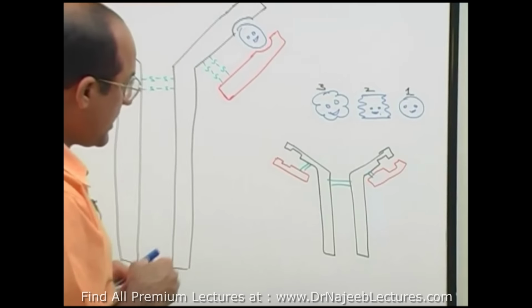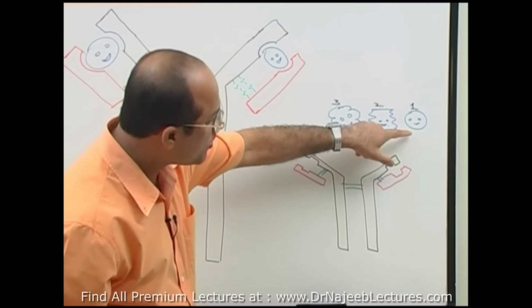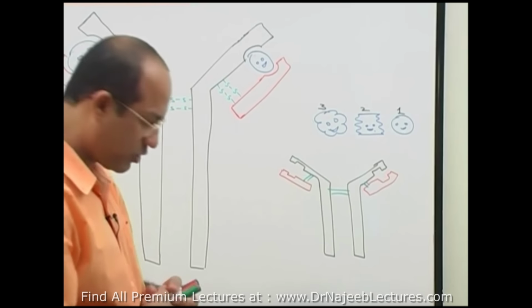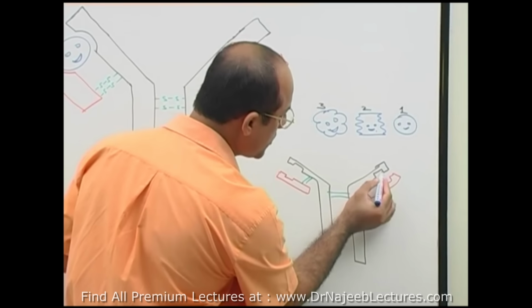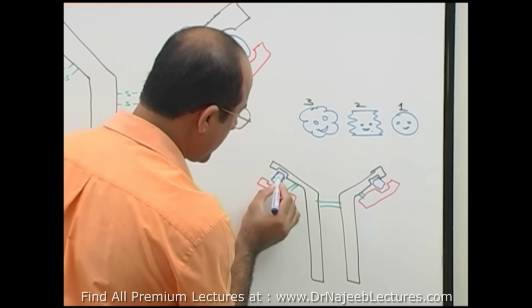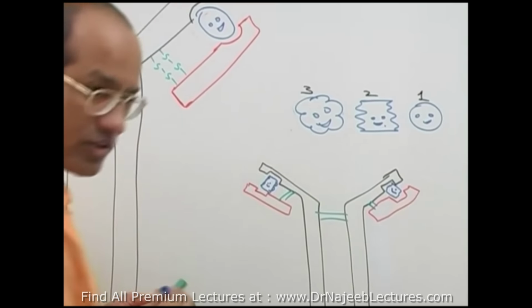Now, do you think antigen number 1 can bind here? No, it is designed for antigen number 2. Antigen number 2 can fit better over here. Is that right?